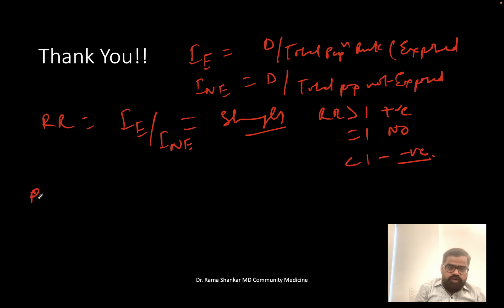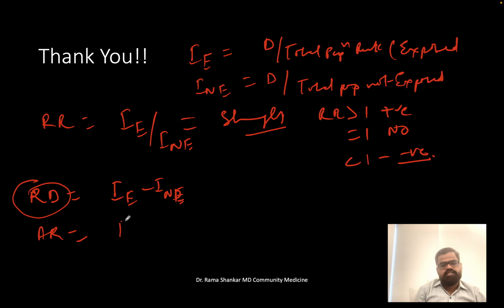Now then you calculate risk difference. You are subtracting incidence in non-exposed from incidence in exposed. So you're getting risk difference. Then you're trying to calculate attributable risk. So you take this risk difference out of incidence in exposed, into percentage.